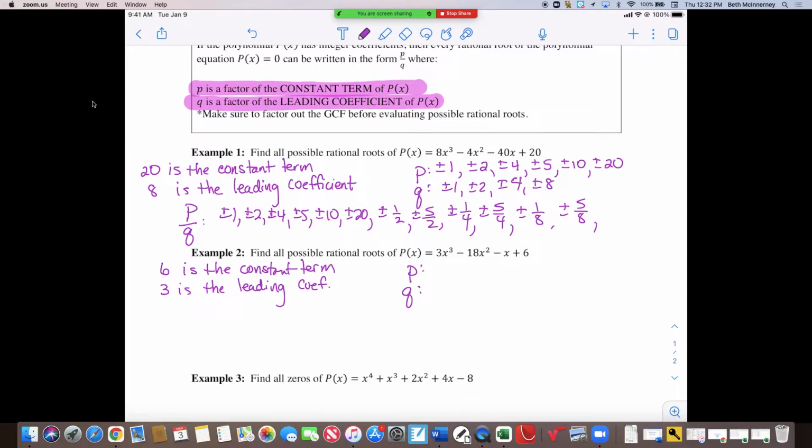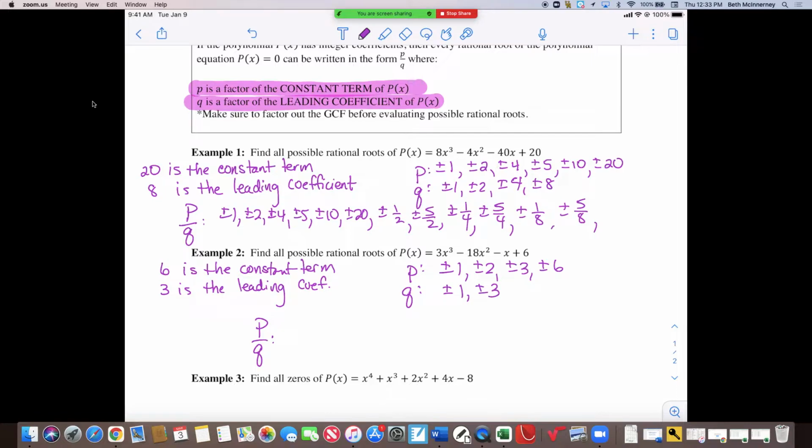If you're really getting the hang of it, do P over Q. When you're ready, check the board.